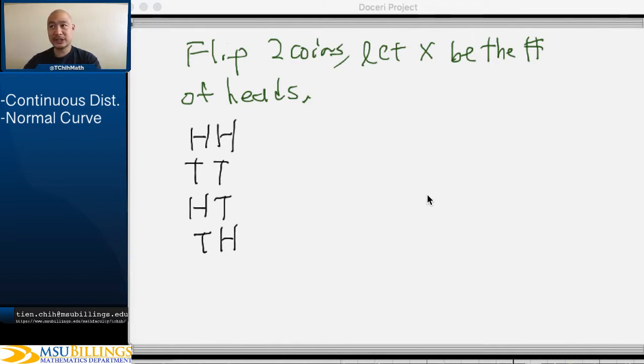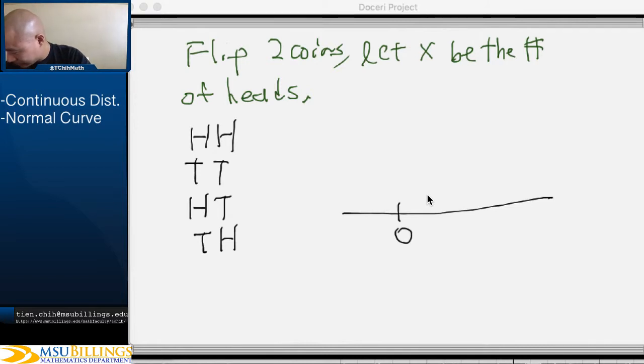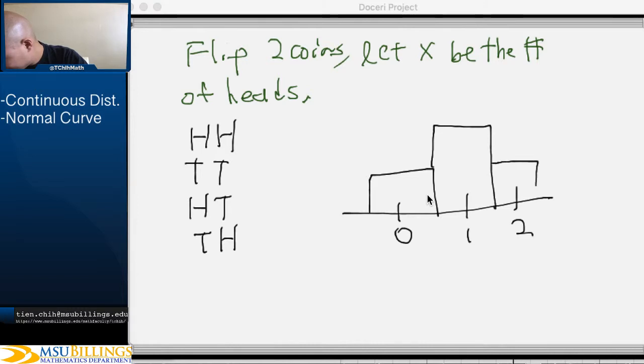And so if I wanted to sketch what that might look like, I might say, all right, here's 0, here's 1, here's 2. Let me switch my color up here.